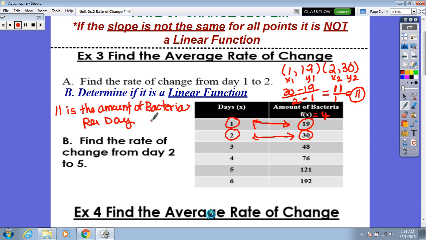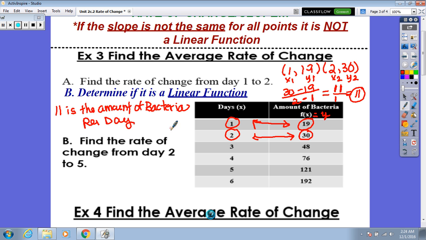And I don't say per 2 days, even though we accounted for 2 days, because remember, we divided by the change in the x's. So this number 11 represents how much bacteria. This is supposed to represent the amount of bacteria from day 1 to day 2.